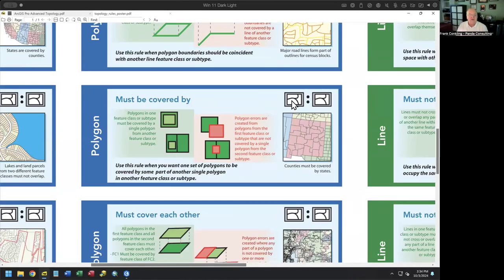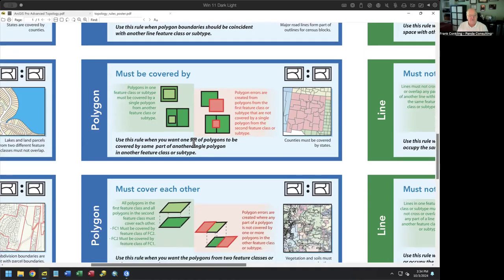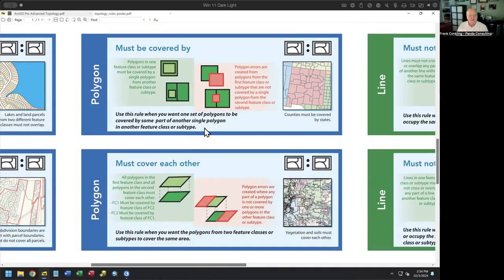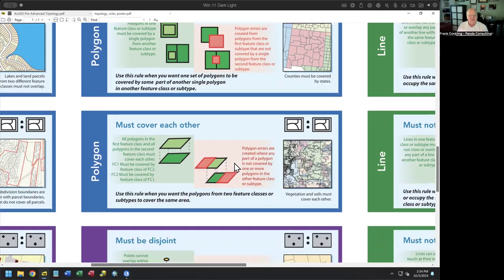Must be covered by, this is polygon to polygon, and it just looks to see where you've got areas that aren't covered by others on here. One set of polygons must be covered by some part of another single polygon in another feature class, and must cover each other is when the polygons in the first one and all the polygons in the second must cover one another.